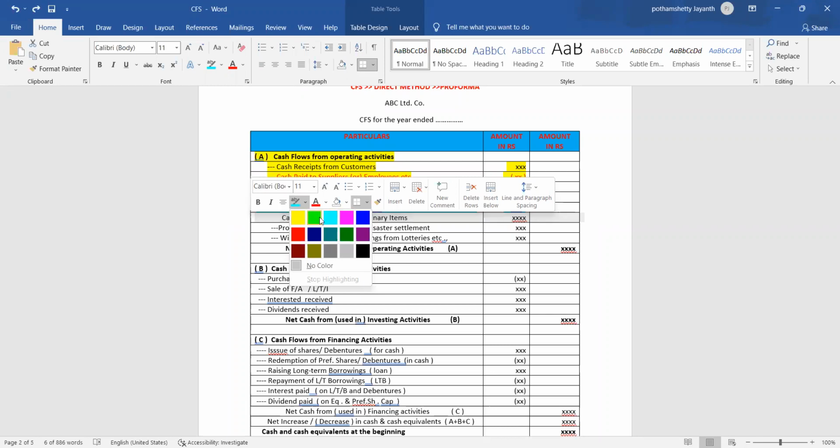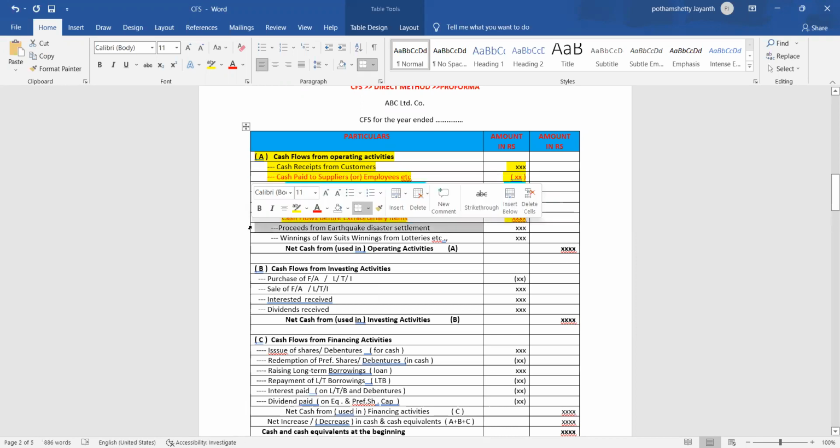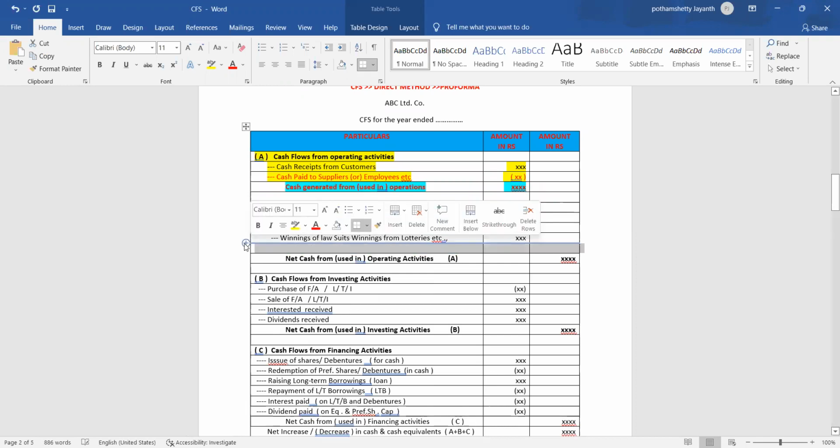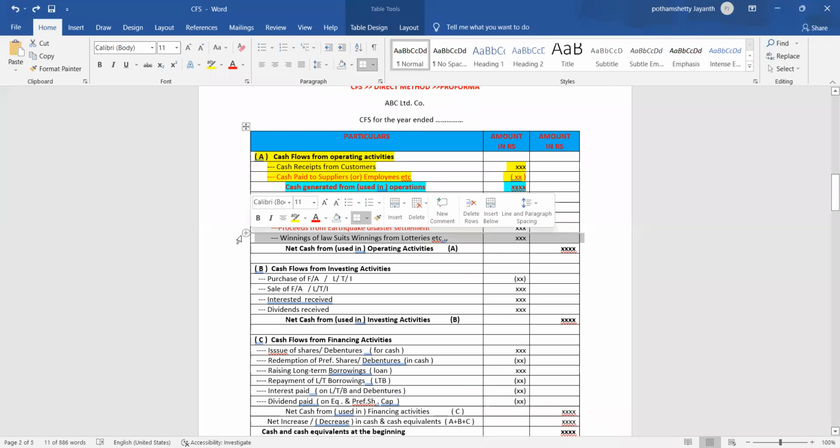Highlighting now, the color is changing. This is cash flow before extraordinary items. From cash flow before extraordinary items, you deduct or add proceeds from earthquake, disaster, anything. Whatever money came in extraordinary items, add it. Winning from a lawsuit, suppose you filed a case. Do you remember the movie Oh My God? He files a case against the insurance company and gets the money for the loss.